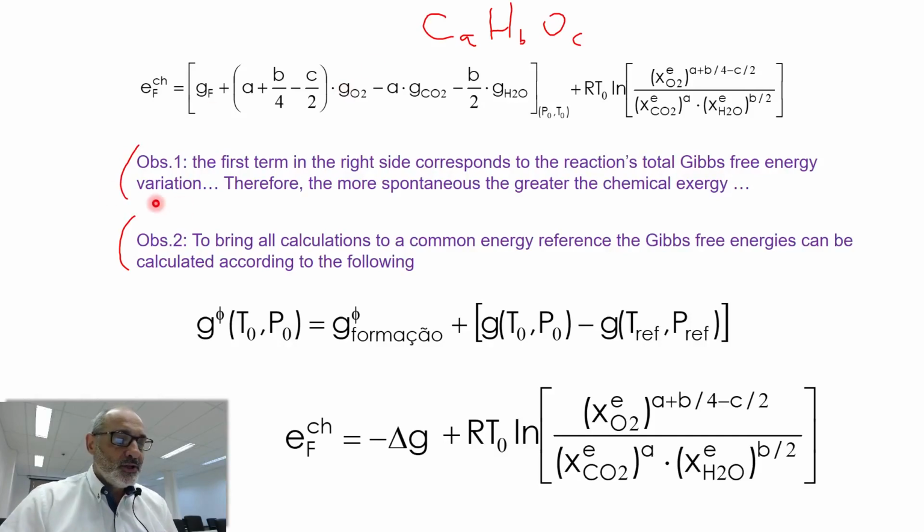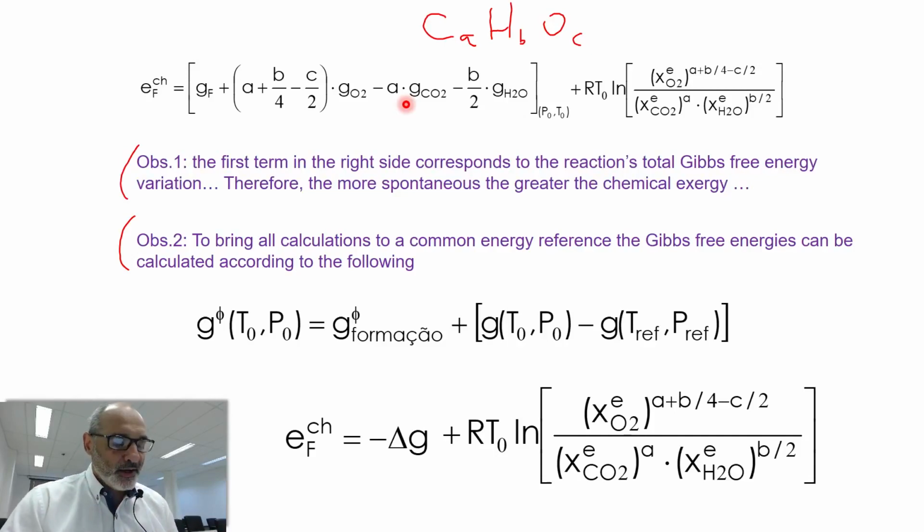Another important observation is a practical one. Since you're calculating Gibbs free energies, enthalpies and entropies of different substances, and they may have different reference states, you must bring all these references to a common reference.